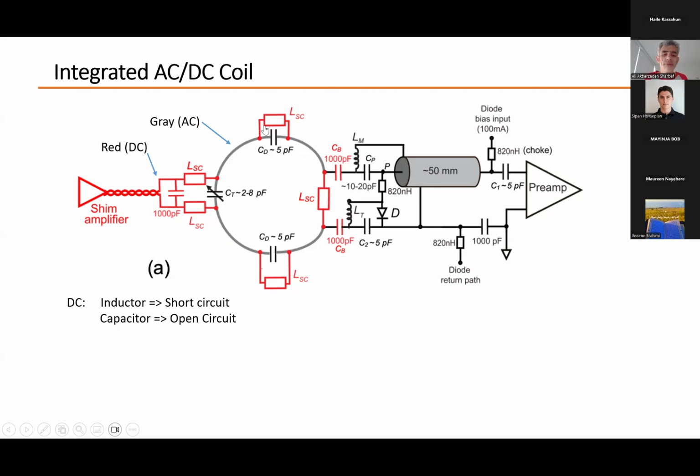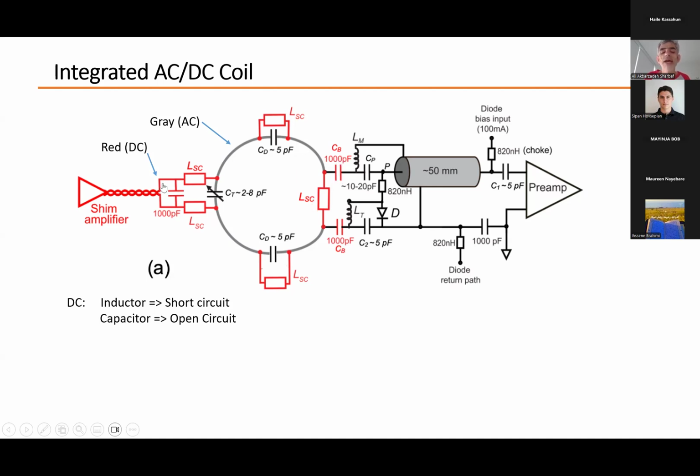In this diagram, the gray lines indicate the standard receive coil. You see here's the coil with the capacitors and passive active detuning, coaxial cable, and the preamp. And we add some components to add B0 shimming capability. So we have some inductors installed here, here, and here, and some capacitors here.